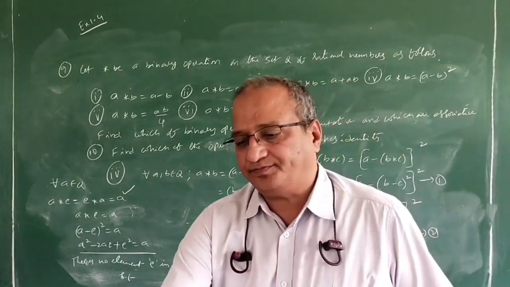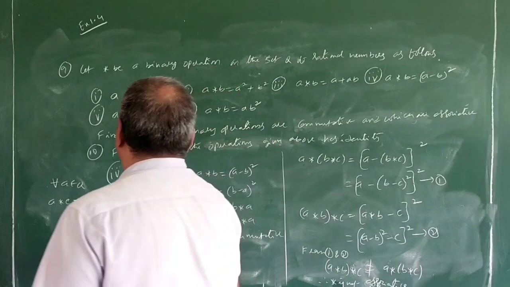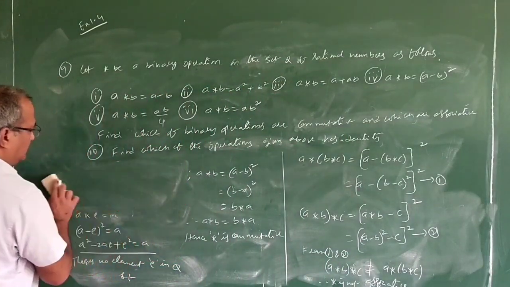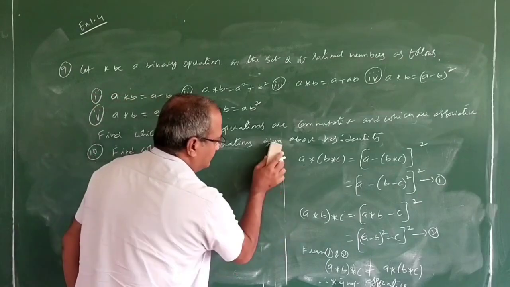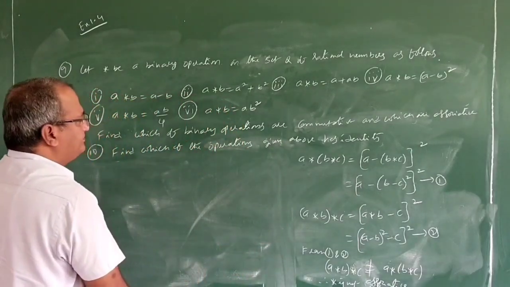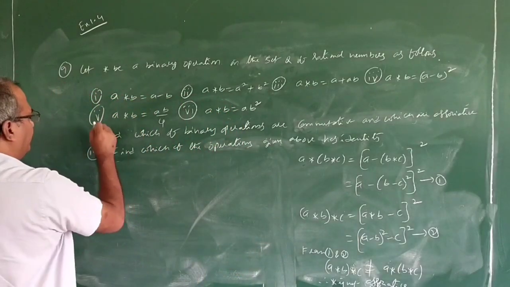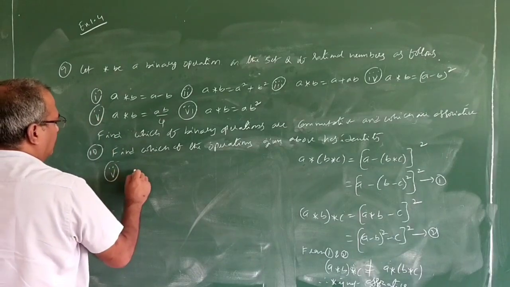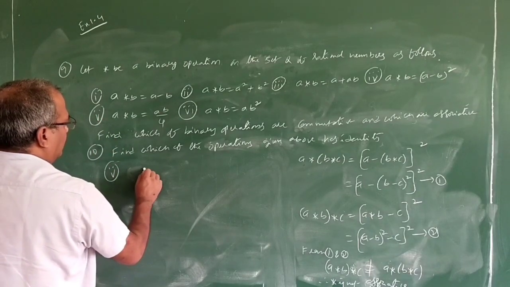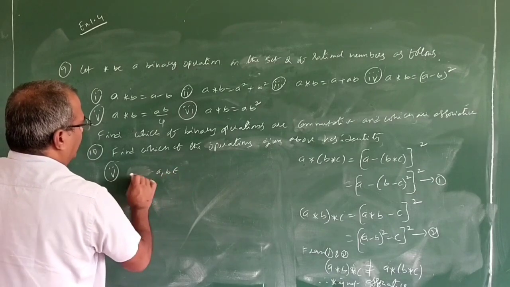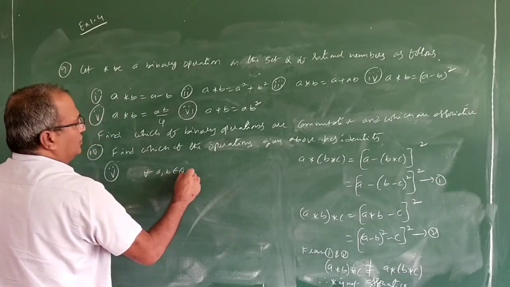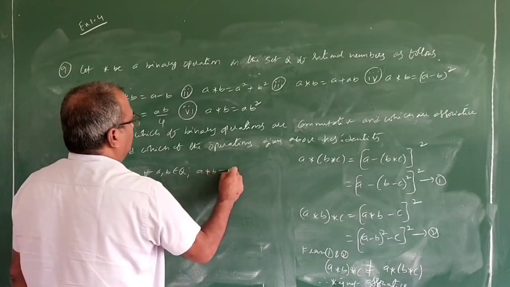Next. 5th problem. Method is same. 5th one. For all A comma B belongs to Q, A star B is equal to AB by 4.